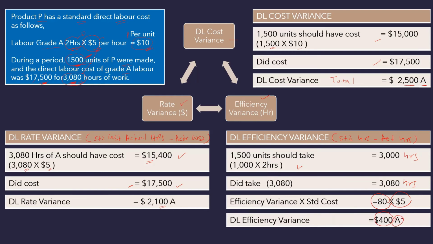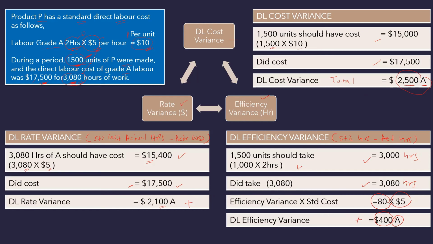It's an adverse variance because we should have used 3,000 hours, but we used 3,080 hours. So therefore, it's inefficient, and it's an adverse variance. So when you add this $2,100 rate variance and the efficiency variance of $400 adverse, the total is $2,500 adverse variance.